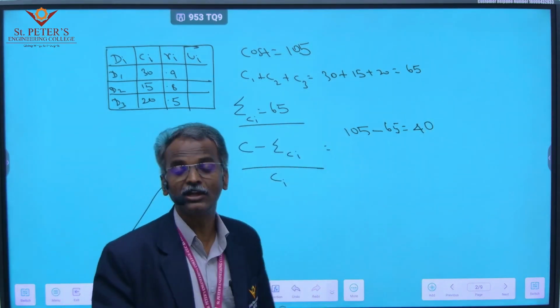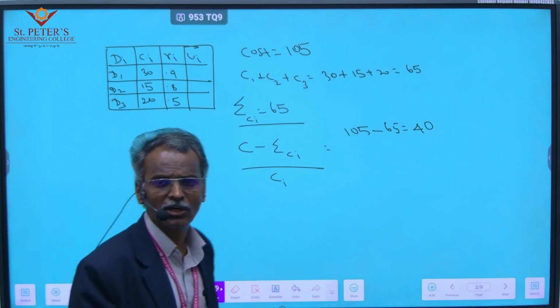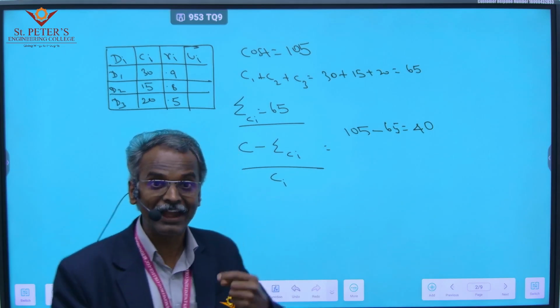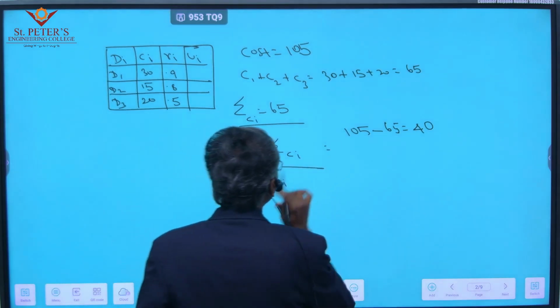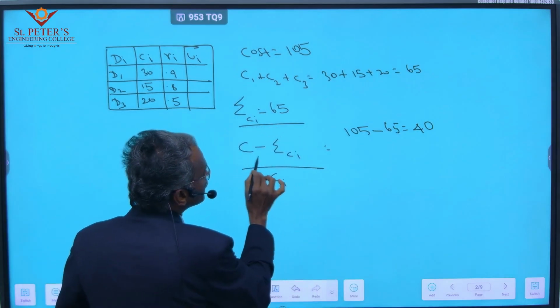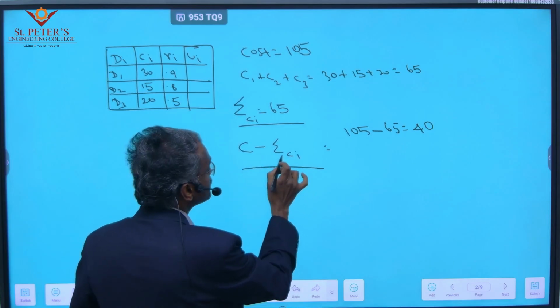With that $40, if I decide to spend the whole $40 on the first device itself, how many extra copies can I add? So apply this formula: cost minus the summation of all costs for one copy of each device, 65.